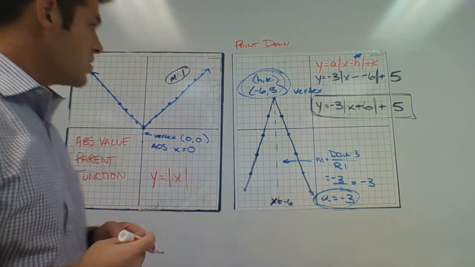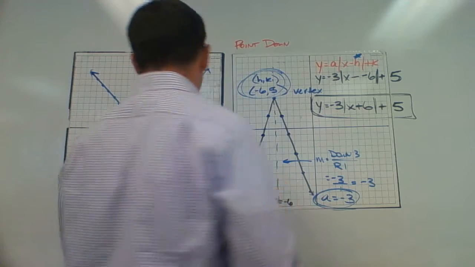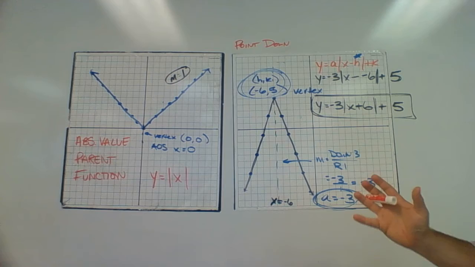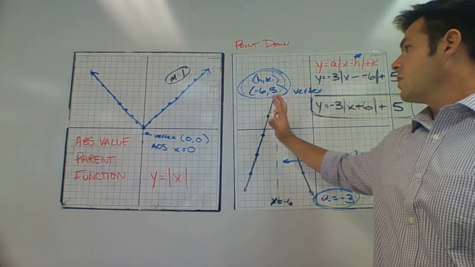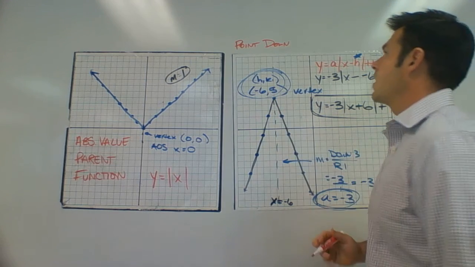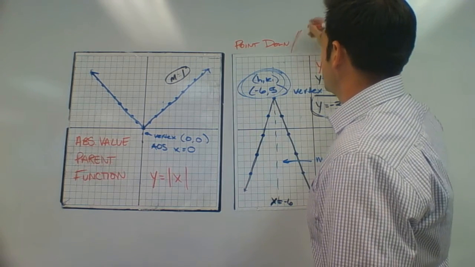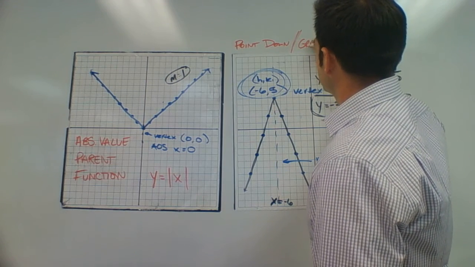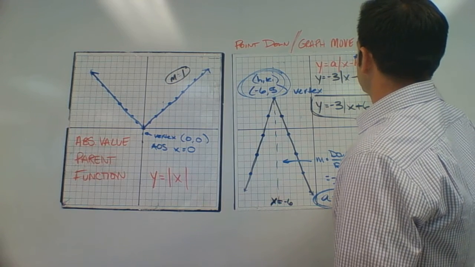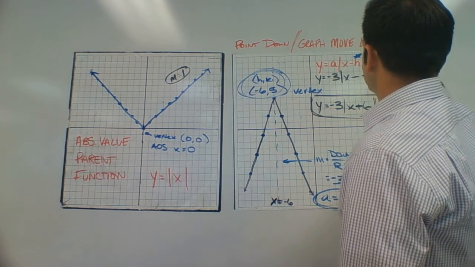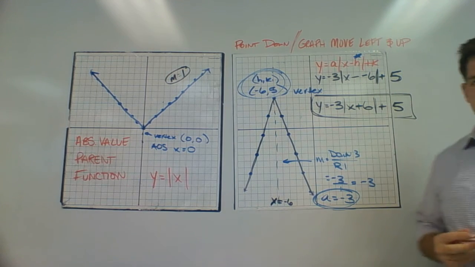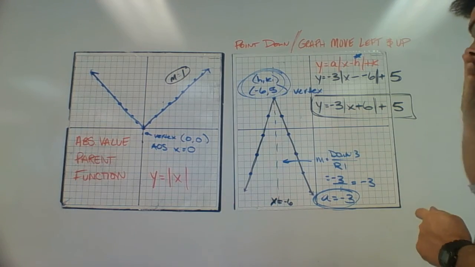Some of the other things to mention here is let's go ahead and take a look at the vertex and how that's changed. Here it was at 0, 0. There it's at negative 6, 5. So the whole graph has moved off to the left and upwards.